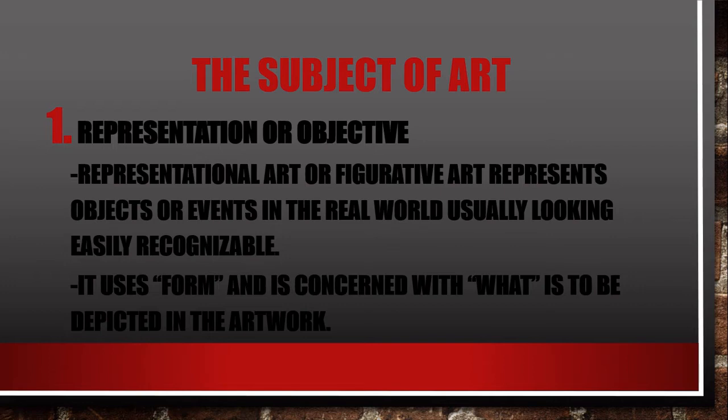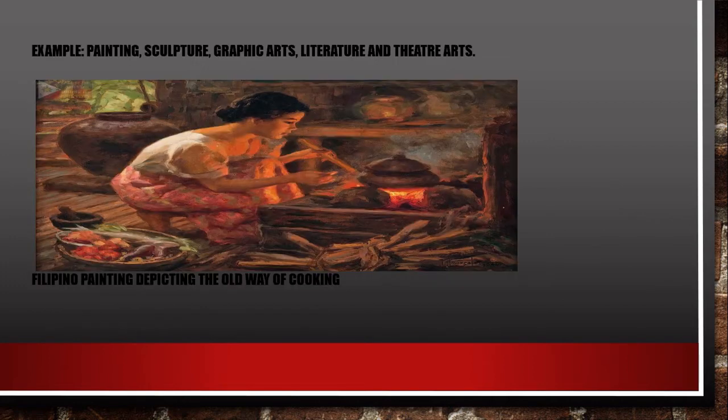So it uses form and is concerned with what is to be depicted in the artwork. For example, painting, sculpture, graphic arts, literature, and theater art. So we have here an example of representational or objective, a Filipino painting depicting the old way of cooking.